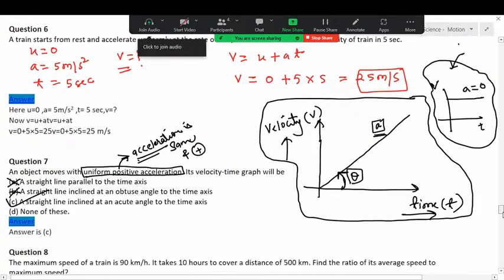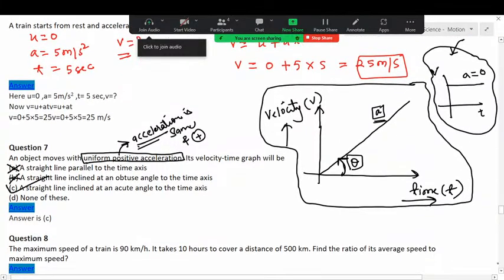Now question number 8 is here. The maximum speed of a train is 90 km per hour. It takes 10 hours to cover a distance of 500 km. Find the ratio of its average speed to maximum speed.